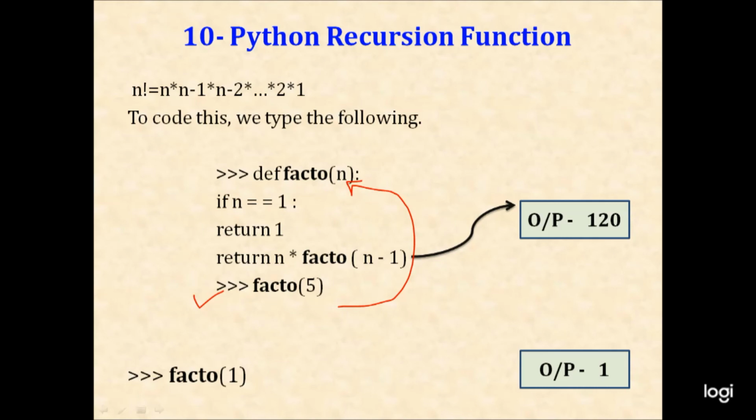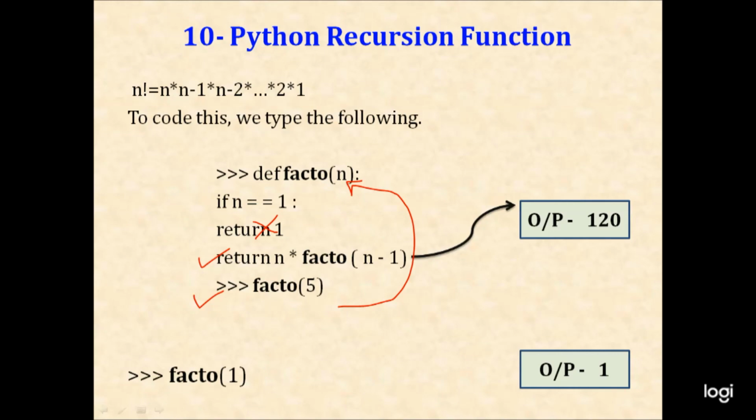Now check, is n equal to 1? No, it is not equal to 1. So the execution passes to the next expression, that is return n into factor in bracket n minus 1.